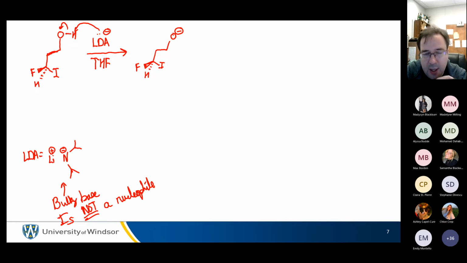Does it react within the molecule or with a different molecule? Or does it make a ring or not? Great, different molecule.